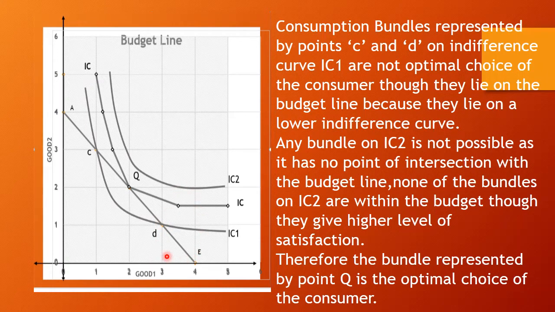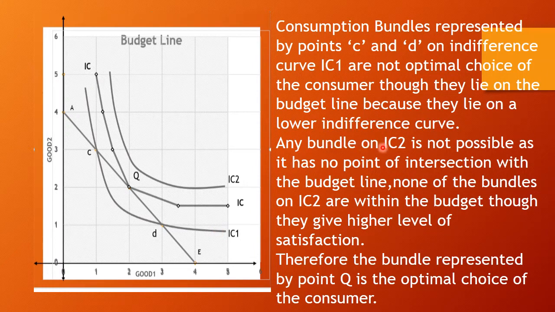The consumption bundles represented by point C and D on the indifference curve IC1 are not optimal choice of the consumer, though they lie on the budget line, because they lie on a lower indifference curve. Remember when I taught you about indifference map, I told you that lower indifference curves correspond to lower levels of income and lower levels of satisfaction.